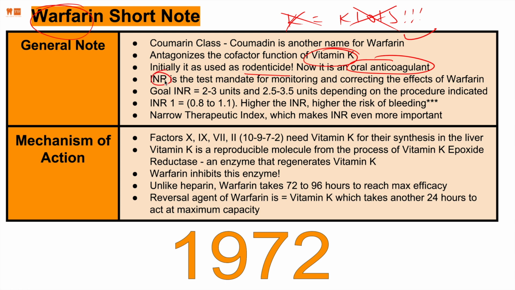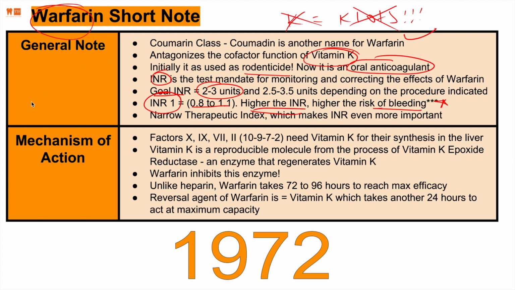INR is basically the international normalized ratio, where the goal of the ratio is 2 to 3 units, 2.5 to 3.5 units, depending on some procedures. What that really means, what it signifies, is that INR 1, the ratio of 1, essentially 0.8 to 1.1, is equal to a normal vessel that, bleeding time is normal, clotting time is normal, things like that. Higher the INR, higher the risk of bleeding.